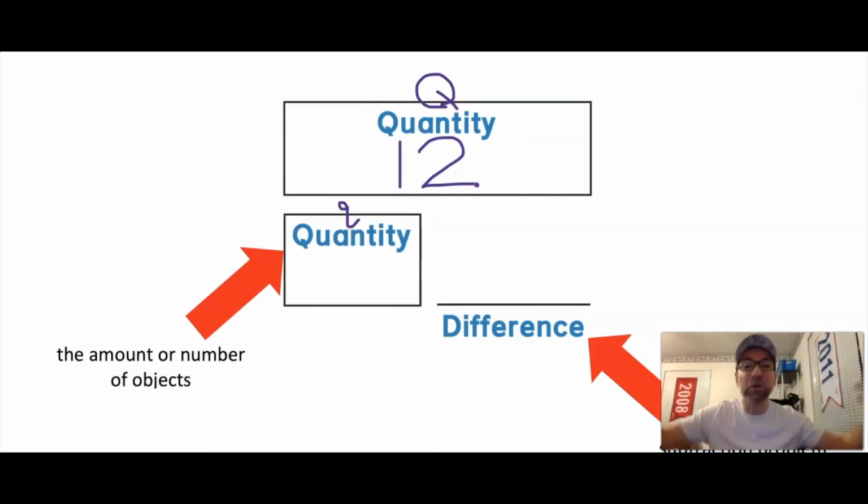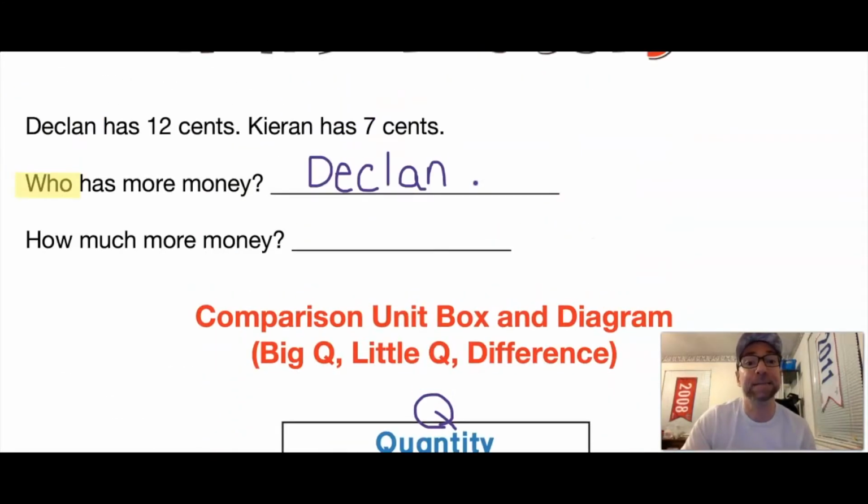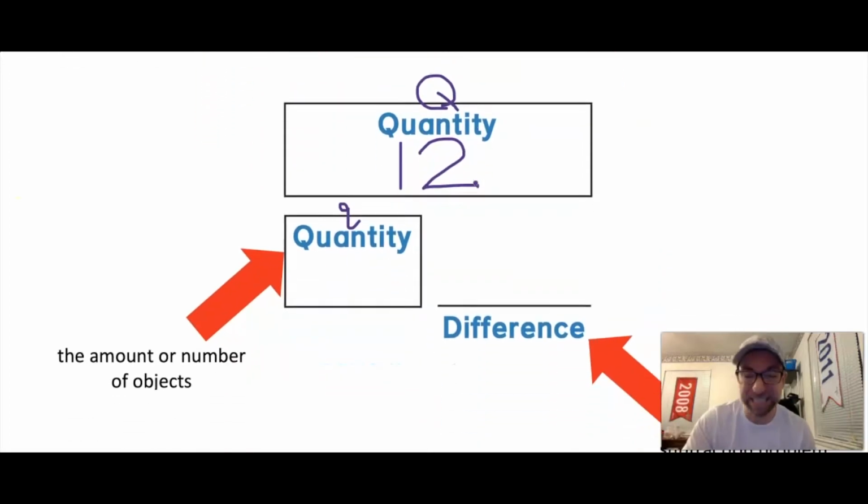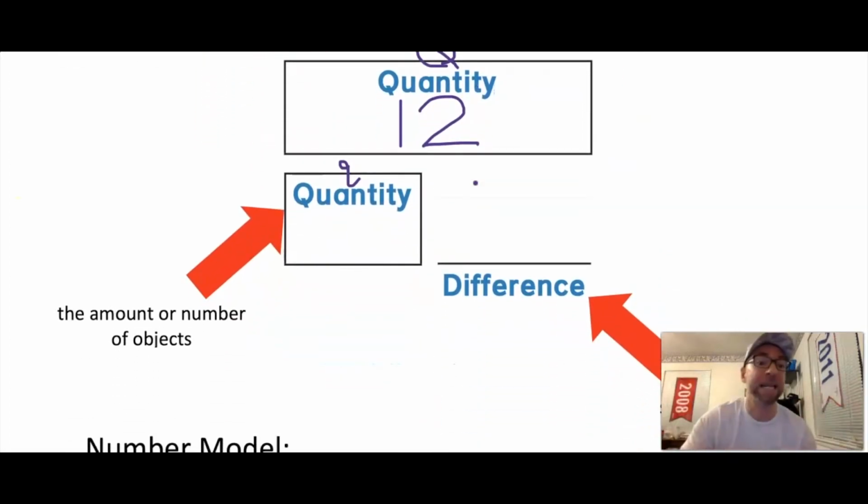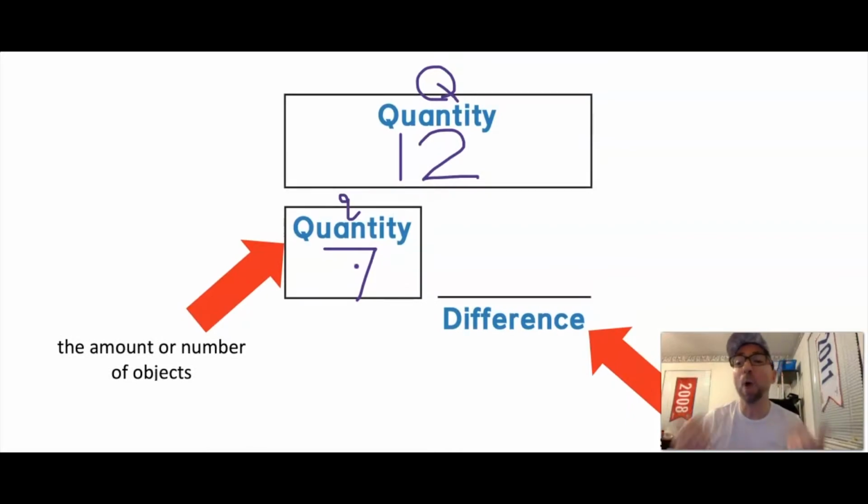That's our bigger number. Kieran has 7 cents or 7 pennies, so I'm going to write a 7 in the little q box because that's the lesser number. So they're the quantities. That's how many Declan has. That's how many Kieran has.